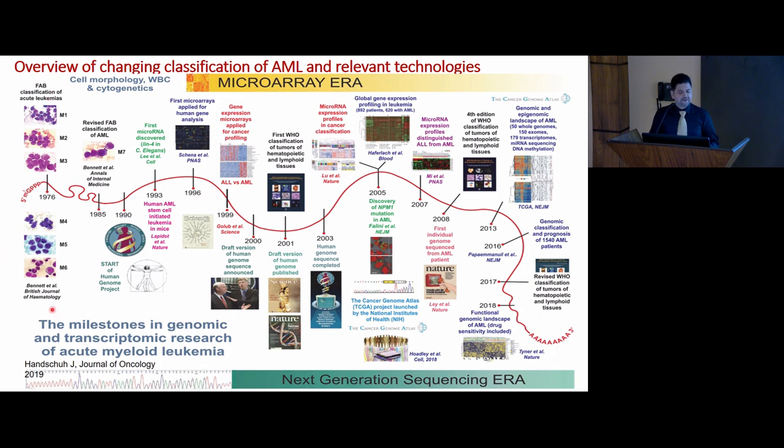We had the famous FAB classification, put forth in '78, '79, and practiced all throughout the 80s. But sometime around the late 90s, we had the EGIL classification, which said that immunophenotype is also important, and based on that they used to classify leukemias.